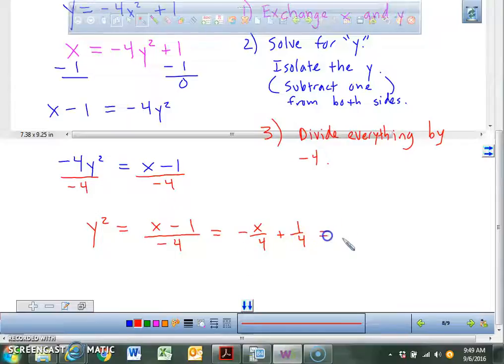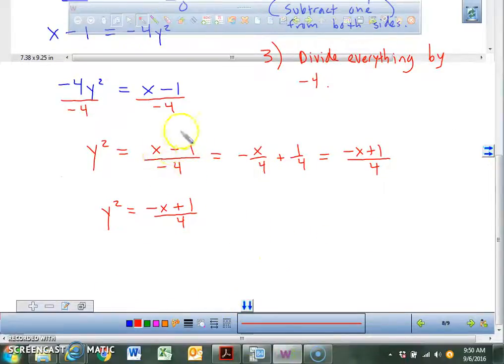Which would lead you to negative x plus 1 all over 4. So here's what we have. We have y squared equals negative x plus 1 over 4, which looks a little bit nicer than what we had originally. You could also write 1 minus x over 4. They mean the same thing.